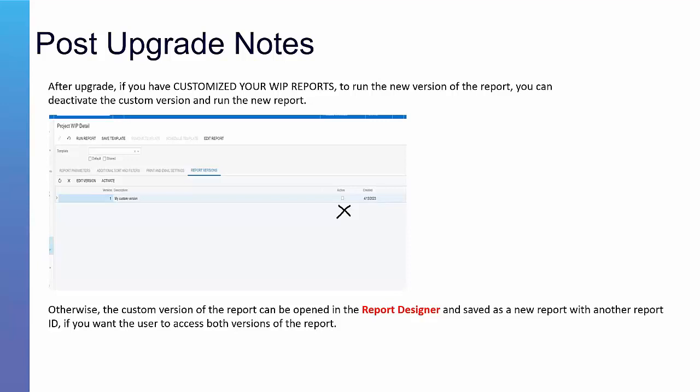So in the event that you have a report, you want to be able to run the new report versus any custom report. In the event that you use the same report ID, you will need to open the report in Report Designer and save it as a new report screen ID.